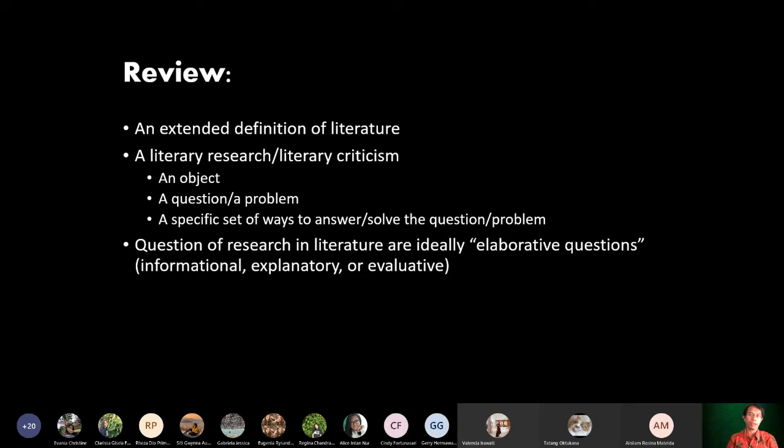And we also talked about literary research, what I meant by literary research, which is an attempt to answer questions or to solve problems related to a literary work using specific sets of steps or stages to solve the problems or to answer the questions.